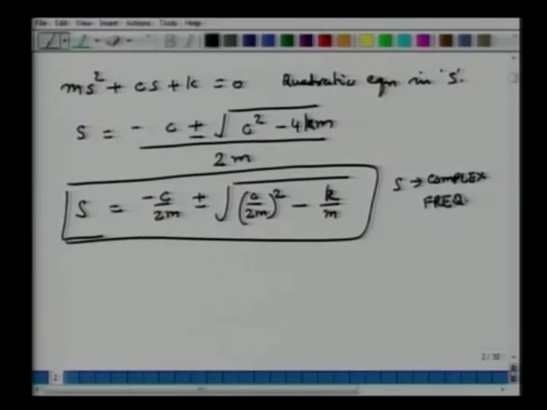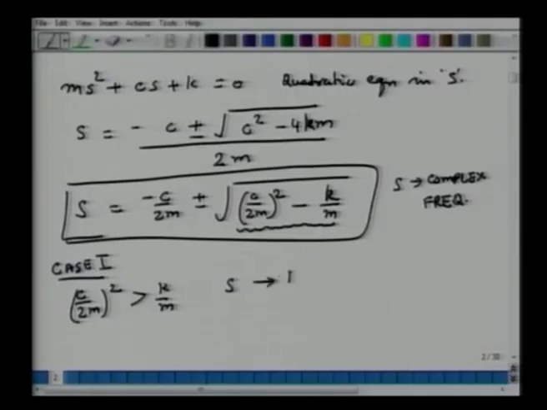So now we will come up with 3 scenarios. So first is case 1, and in this case the term under the square root sign is larger than 0. In other words, (c over 2m) square is greater than k over m. And when that happens, what it essentially means is that s is a purely real negative number.